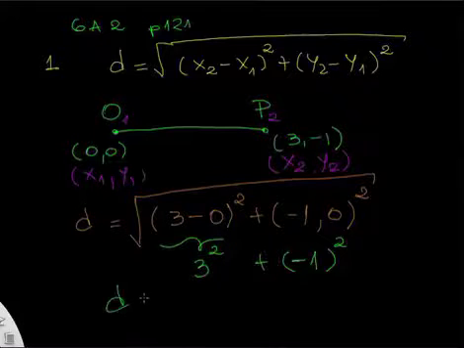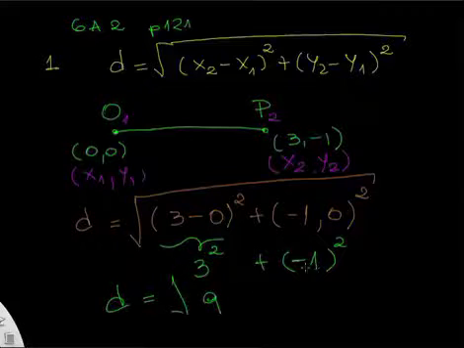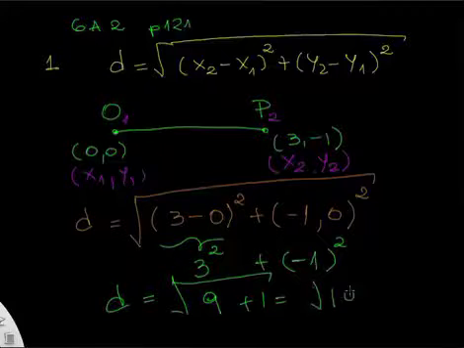So again, d is going to be the square root of 3 squared, which is 9, and the square of any negative number is positive, and the square of 1 is always 1, so 9 plus 1. So d is equal to the square root of 10.